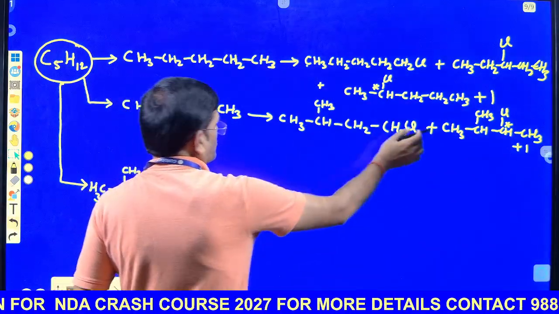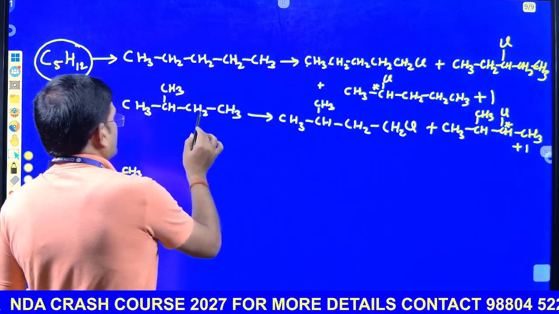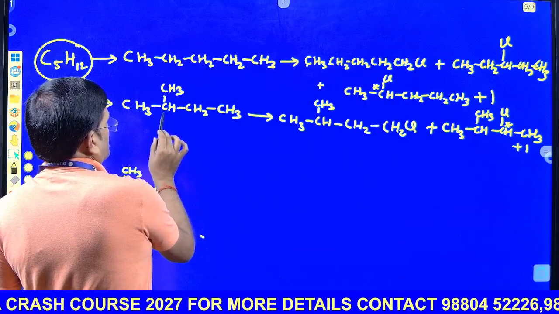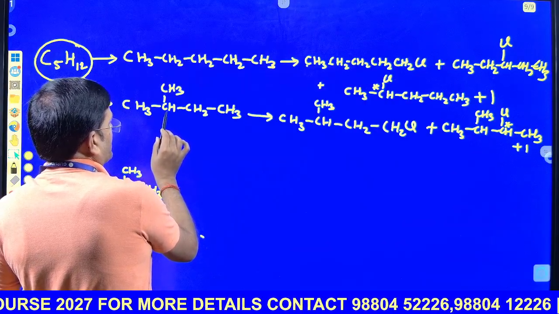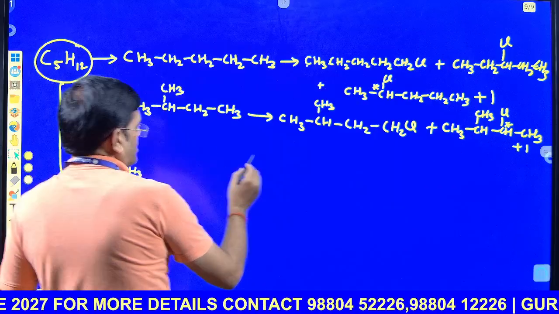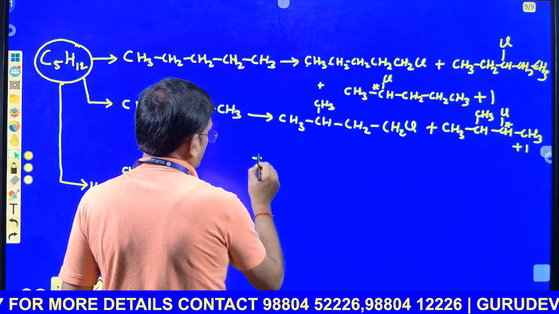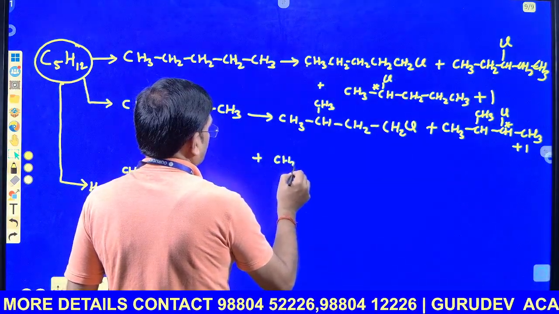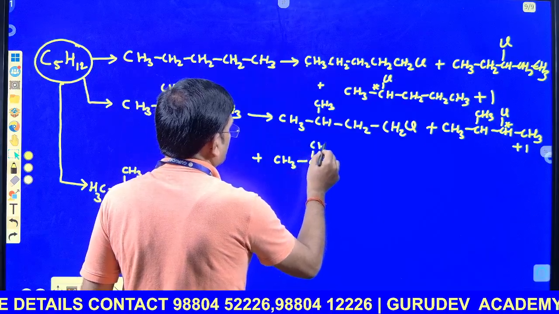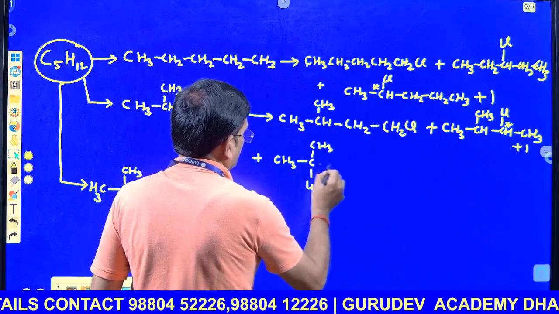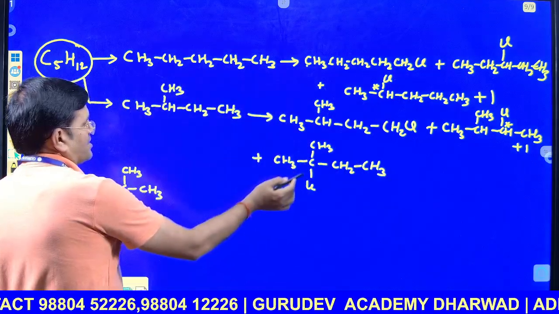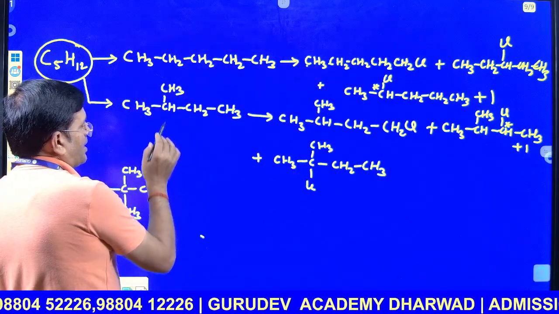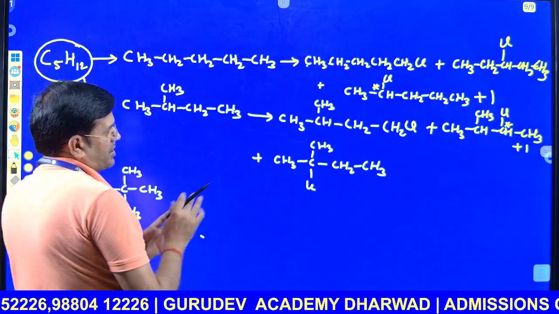So one product, two products on account of this and this hydrogen. So there is the tertiary hydrogen, just see. So maximum yield will be there for this product. Third isomer, which is third, CH3, CH3, Cl, CH2, CH3.